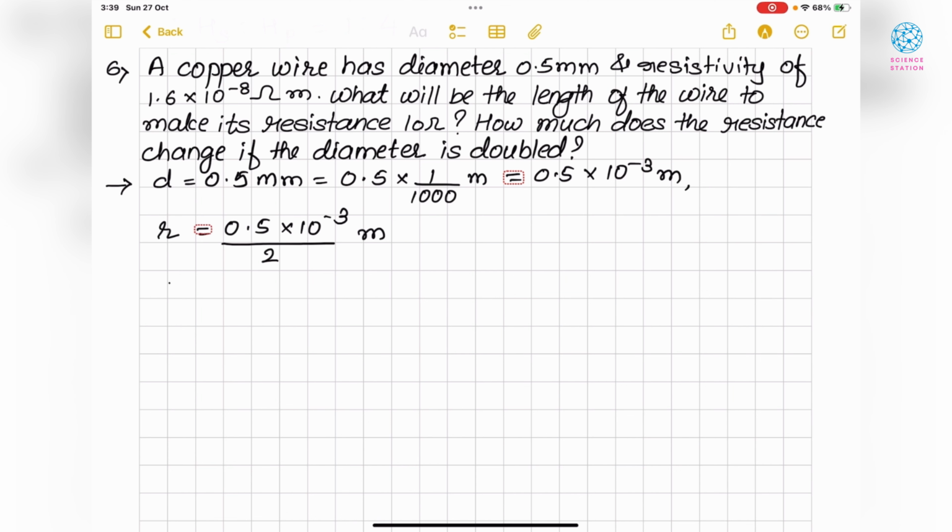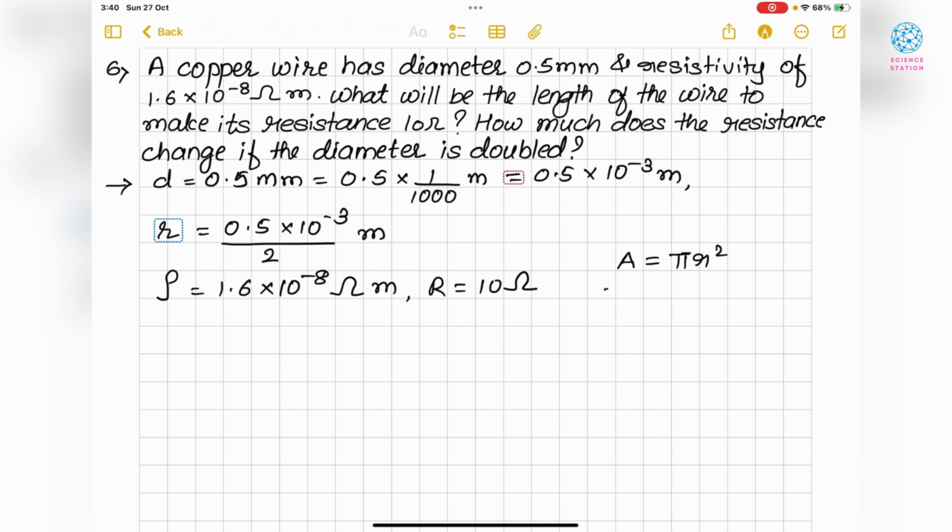Now resistivity is 1.6 into 10 raised to minus 8 ohm meter. R is 10 ohm, sorry. So now I need area also. So to find area, I will use the formula A equal to pi r square.